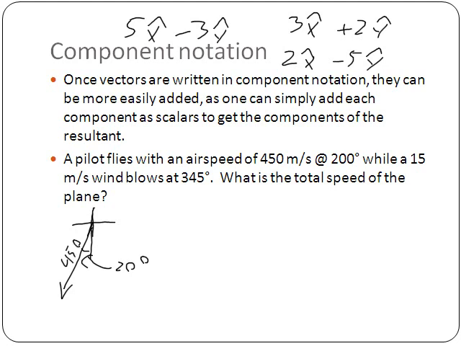And then what we're going to do is add that to our wind speed, which is 15 meters per second at 345. So draw this guy here. 345 is just 15 degrees inside here. And so we know that's right there is 15 degrees. And we know it's also 15 meters per second. So we've got that.